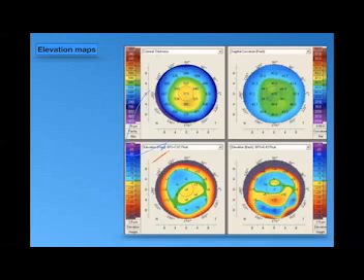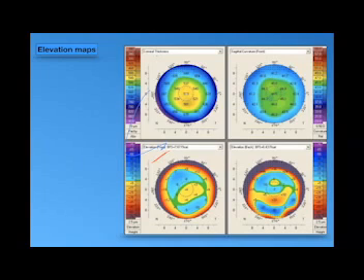Okay, we will go now to the second point, which is the elevation maps. After studying the curvature map, I will check the elevation map: the anterior elevation and posterior elevation, anterior surface and posterior surface. Both are separate and not related to each other until you have a suspicious point, and then you try to correlate the anterior surface to the posterior surface at the same point.